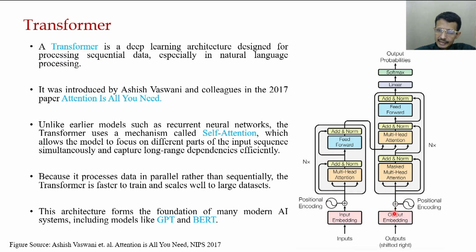Similarly, on the decoder side, there is an output embedding. The outputs are coming back as input, so positional encoding is also required. After that, the main decoder has the masked multi-head attention, which we will also discuss, and a normalization layer. And there is another extra layer, a multi-head attention, that takes input from the encoder. And then several add and normalization, feed-forward, again add and normalization layers.